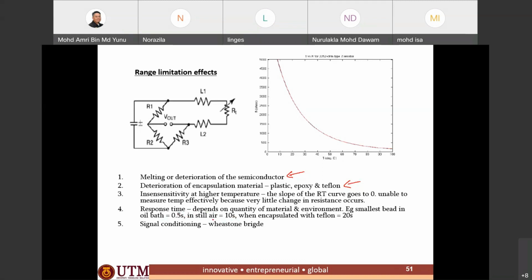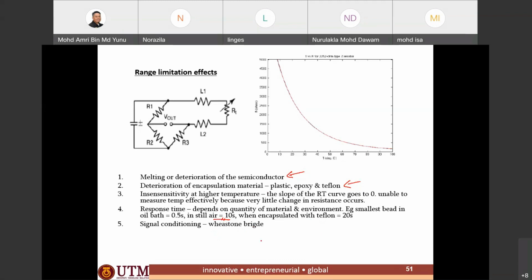But if it is in air, it will take about 10 seconds before it reaches the final value. And when it is encapsulated with much thicker material, it will take more time.